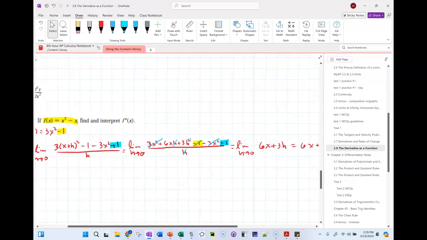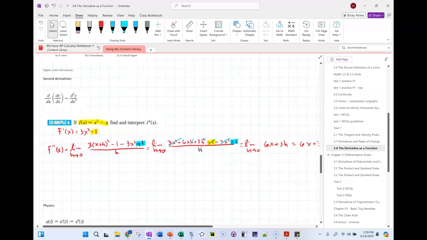Feel okay? Cool. So what do you notice here about the second derivative? Got a little simpler, didn't it? If your function's polynomial, that'll be the case. If it's not polynomial, maybe not.